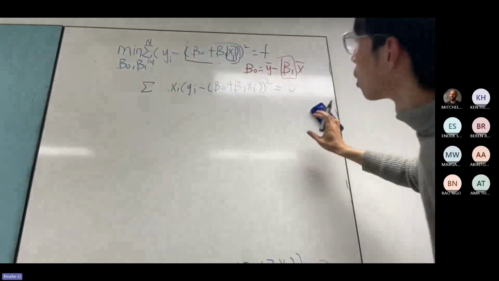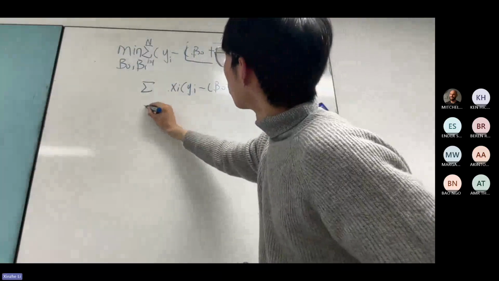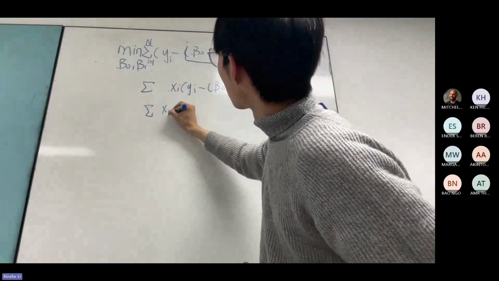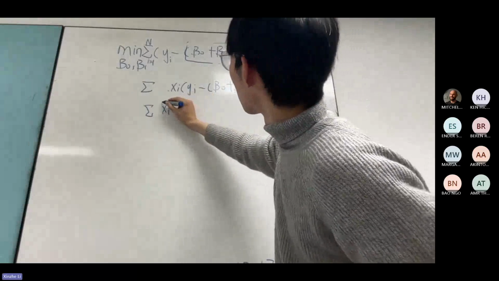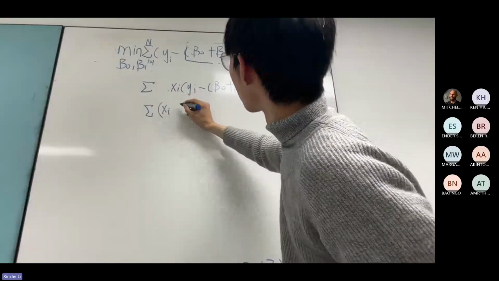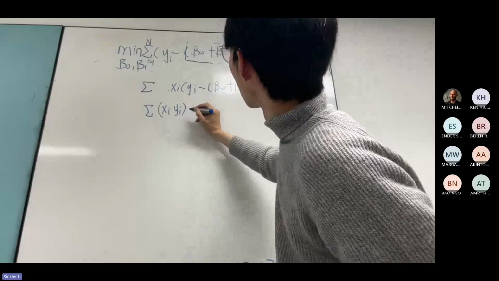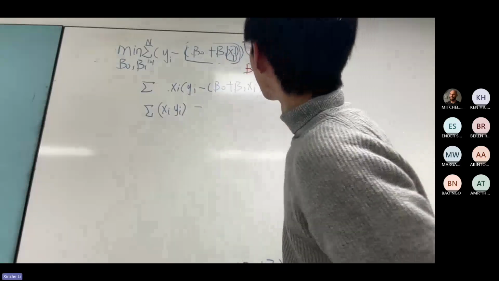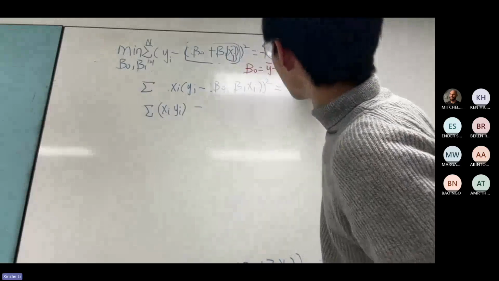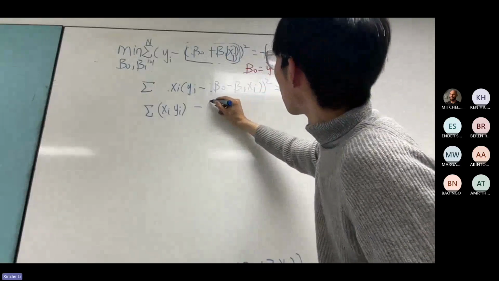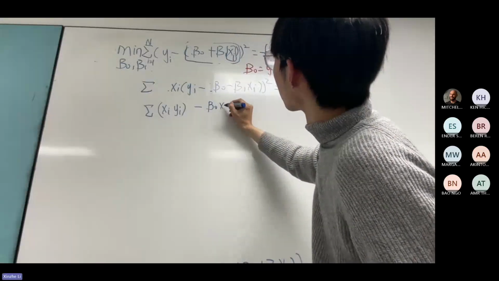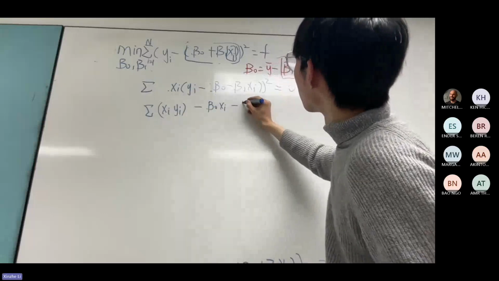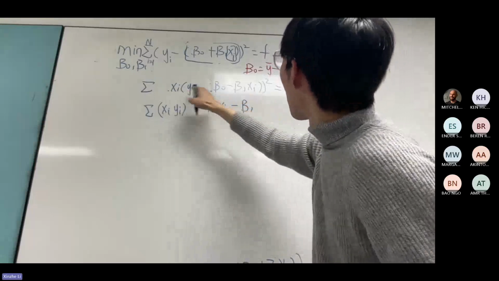Now I expand the parentheses. The terms in the parentheses are xi yi, and minus. I do minus here, and minus here, so you get minus beta 0 xi.